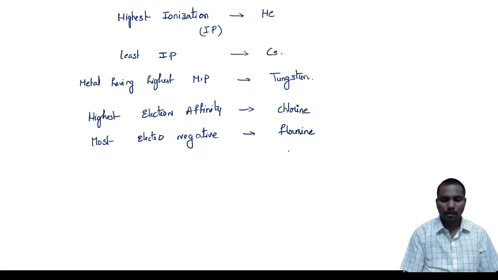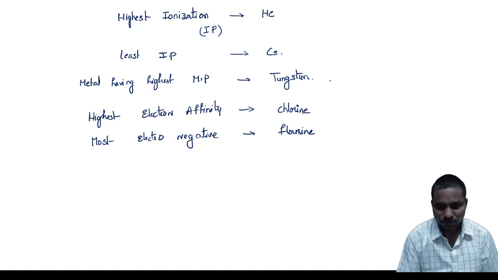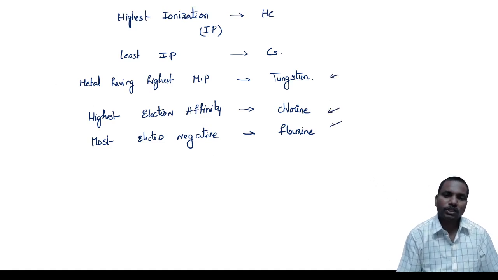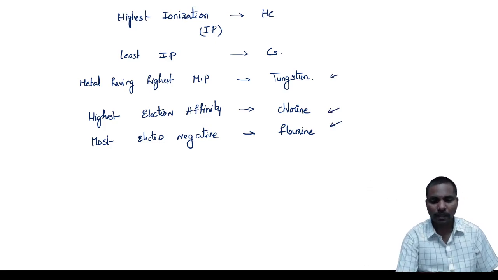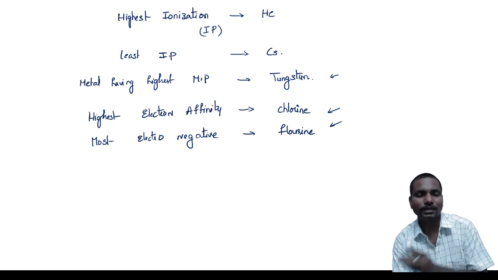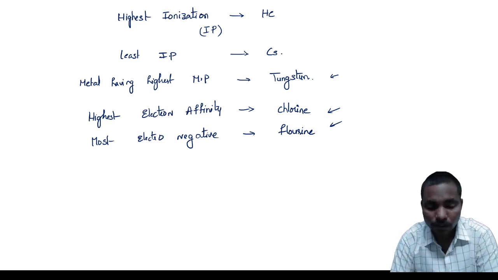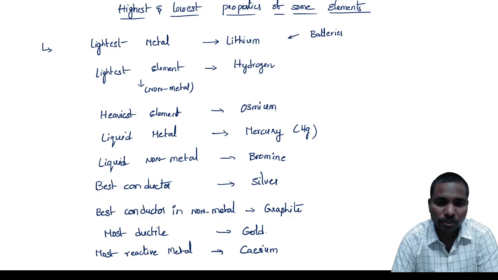And the remaining will be discussed in the MCQ session. Okay, so these are very repeated questions, and some less important points are also there. Those will be discussed in the MCQ session.